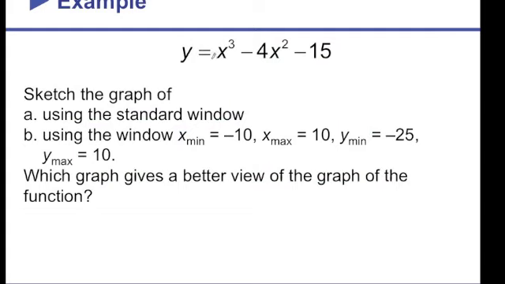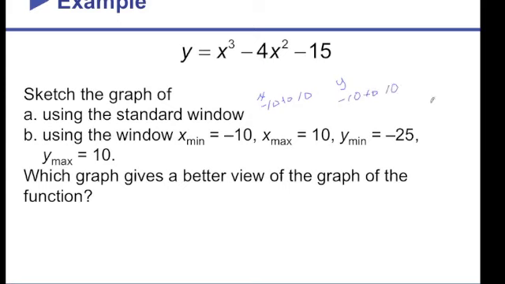So here's our equation. We've got it in y equals form. Y equals x cubed minus 4x squared minus 15. We're going to sketch the graph in the standard viewing window first, so that's with x values from -10 to 10 and y values from -10 to 10, and I'll show you how to do that.